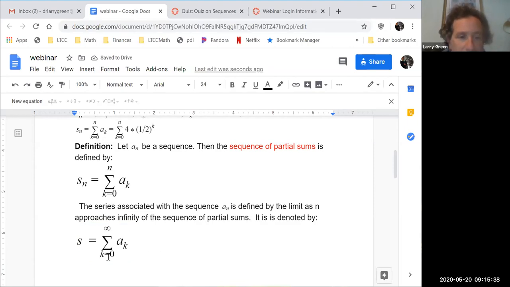And sometimes we'll use an n equals 0 to infinity. In fact, usually you do, just because n stands for number. People like that letter. Doesn't matter whether you use k or n. It's a dummy variable. Just like taking an integral, doesn't matter whether you have a dx or dq, as long as you use the same letter and everything.